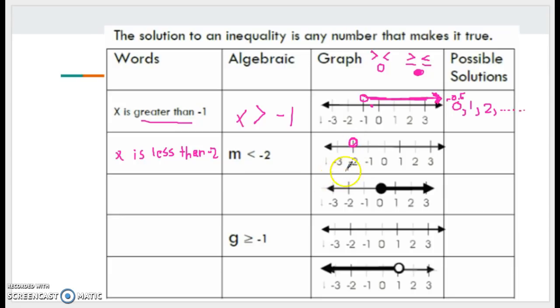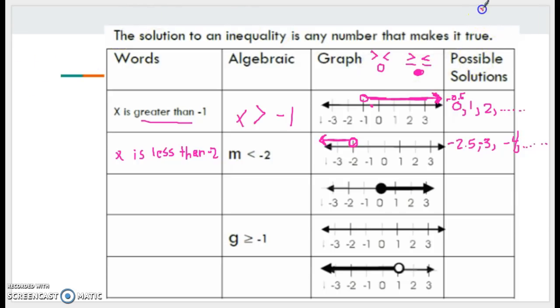If it is less than -2, it cannot be -2, but it can be everything less than that. So we're going to extend our arrow this way. So x can't be -2, but it could be -2.5, -3, -4, -5, any of those. Dot, dot, dot. It just keeps going. It could be an infinite number of solutions.